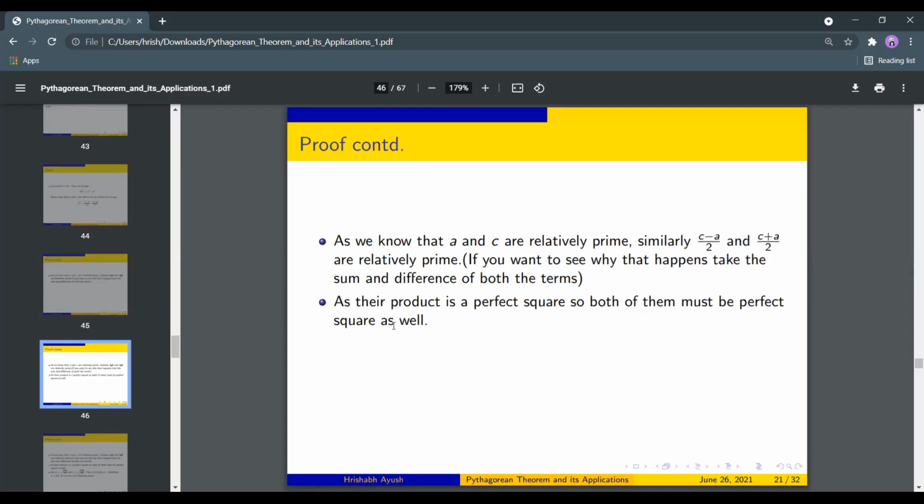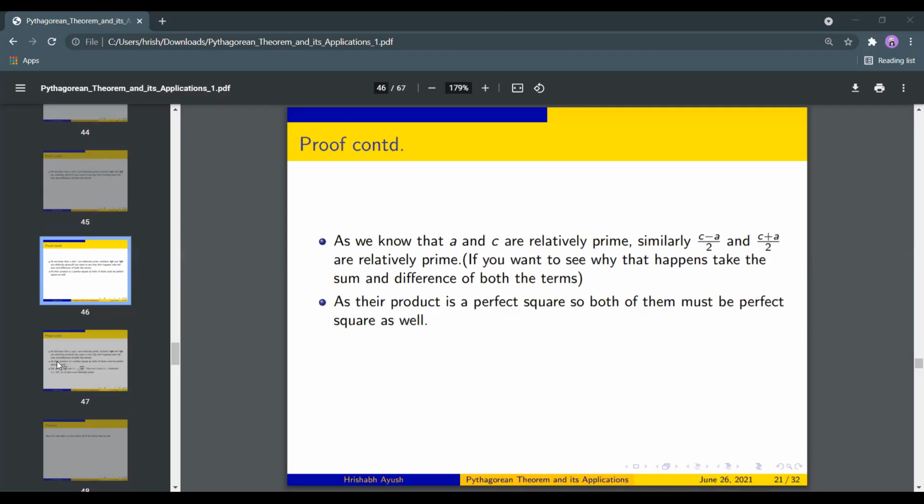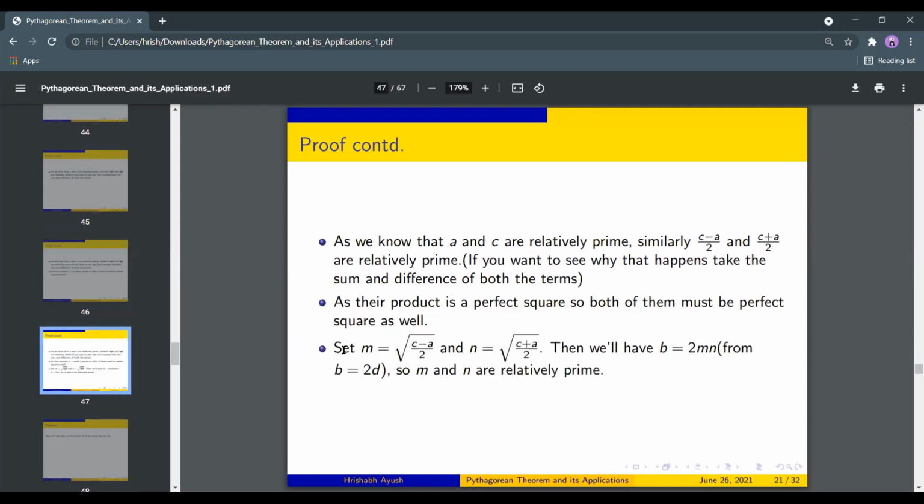We'll see that both of them need to be perfect squares. So set m equals root of (c minus a) by 2 and n equals root of (c plus a) by 2. So what do we have for the value of b?